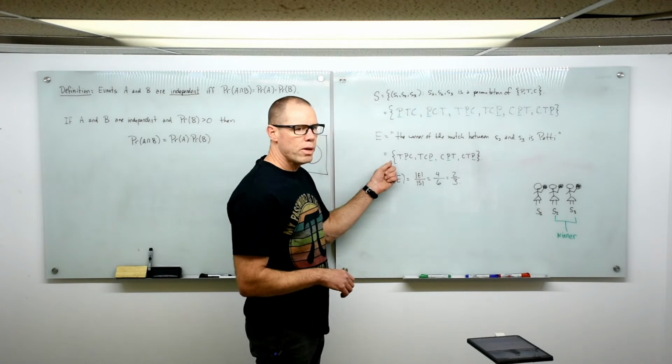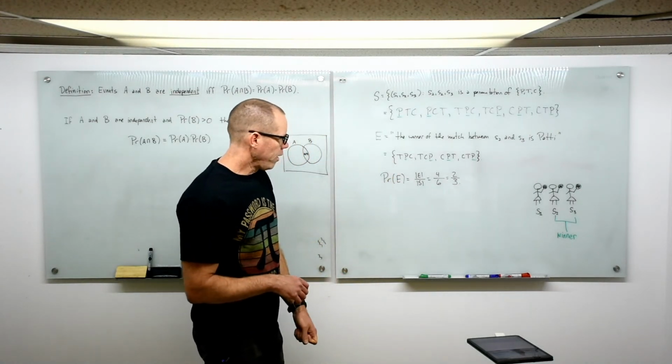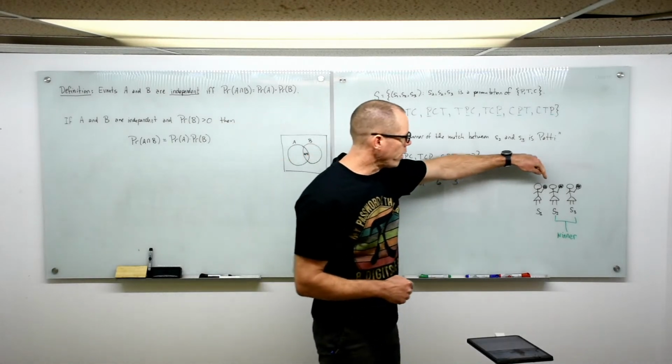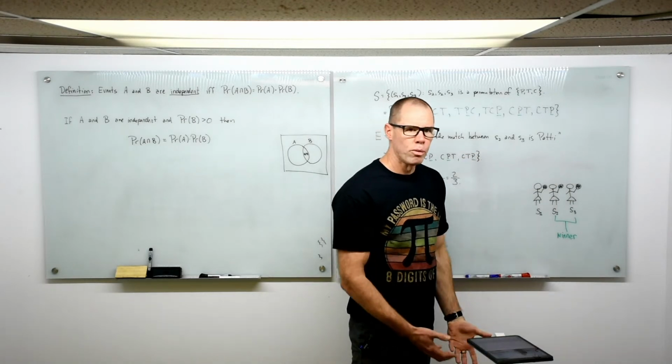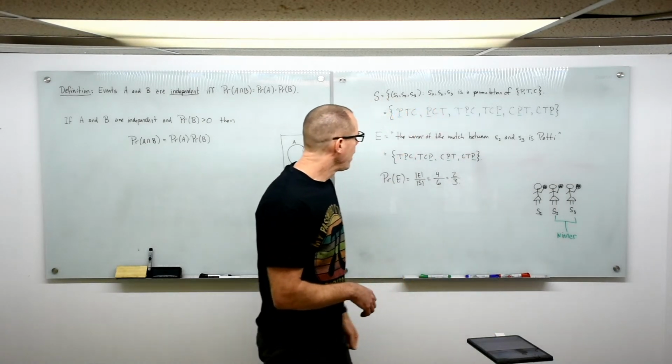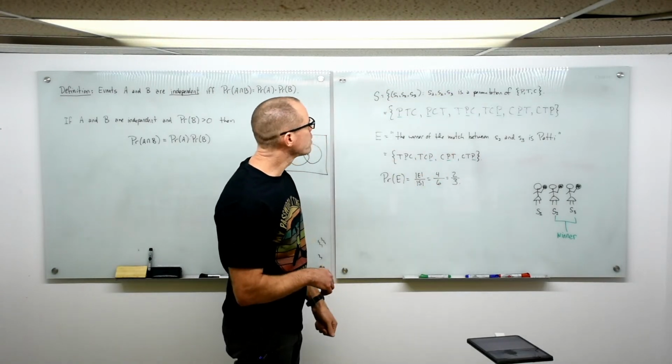So that's the event that our guess is correct. And we can just write out this event explicitly. Anytime Patty is one of these 2 sisters, she will win the match. So we just look at these 6 possible permutations.